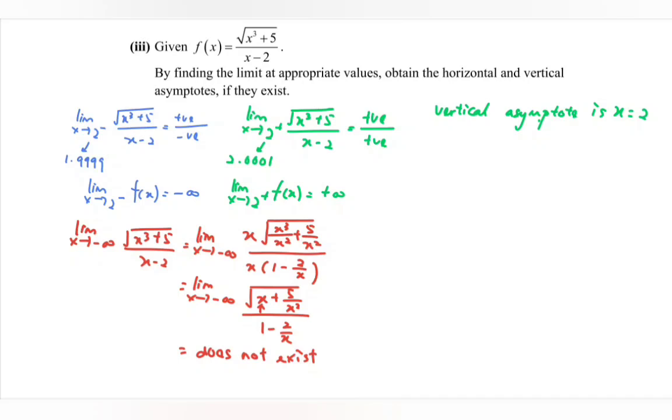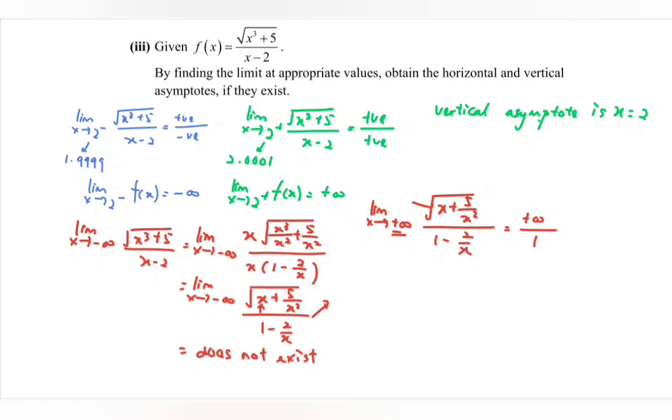So next, we are going to try the limit as x approaches positive infinity. Repeating the same thing, we make use of this part: the square root of x plus 5 over x squared, over 1 minus 2 over x. If we substitute positive infinity into this part, it is very obvious we will have a situation of positive infinity over 1.